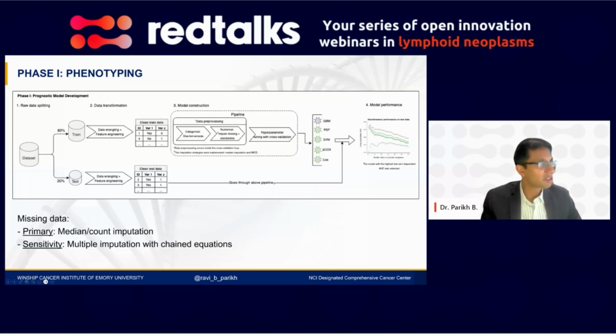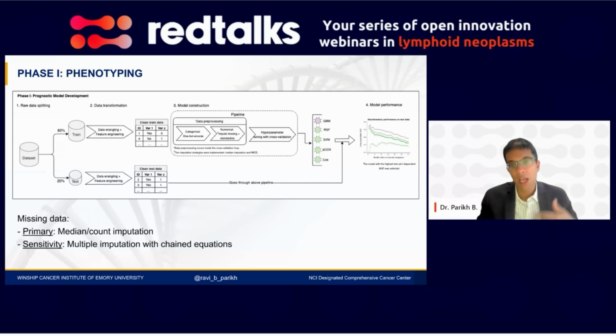So as I mentioned, the first phase was phenotyping, and I think I went through the steps involved here. One important point to note is that in real-world data, there tends to be a relatively high amount of missingness, either because certain electronic health records aren't capturing all the data that's available as part of a broad data set, but also because some patients might receive a certain lab and some might not, or some people might receive a certain type of visit and some might not.